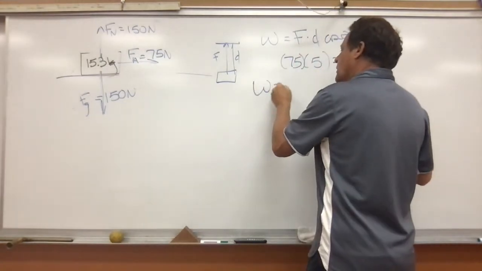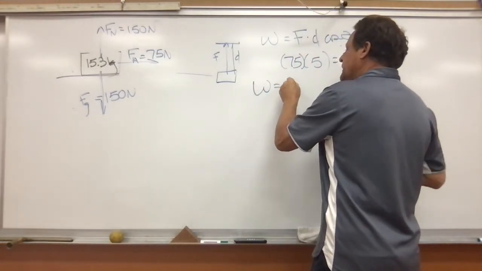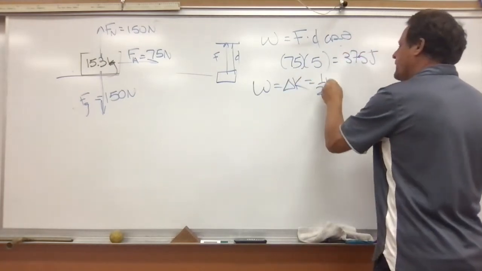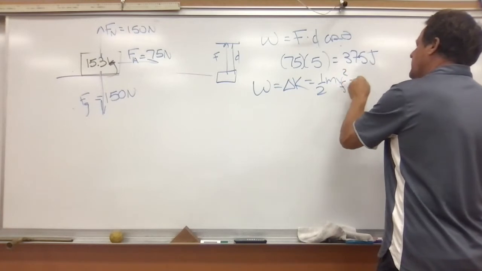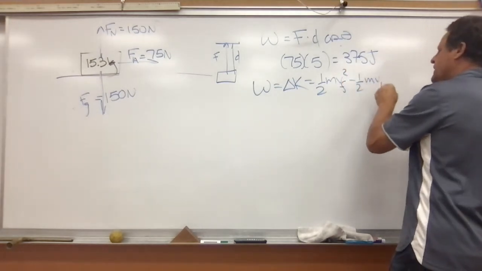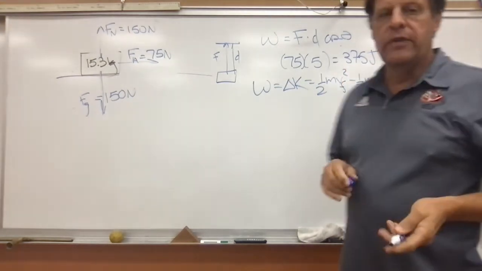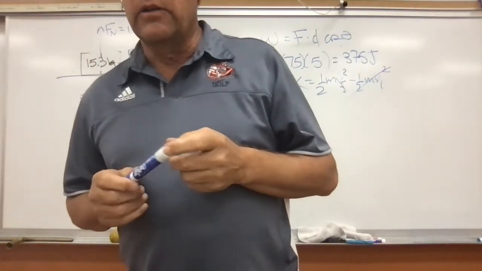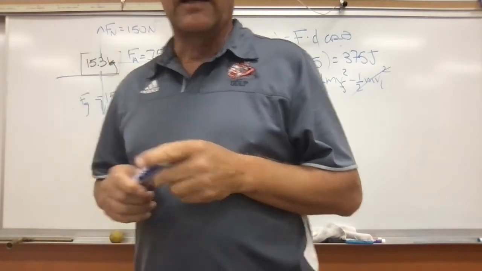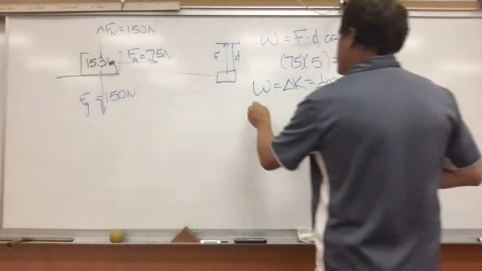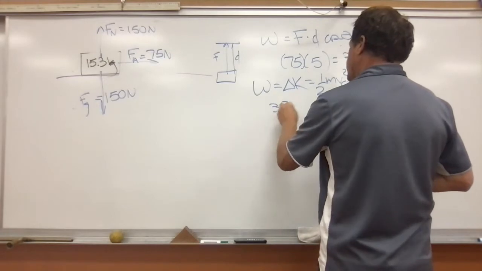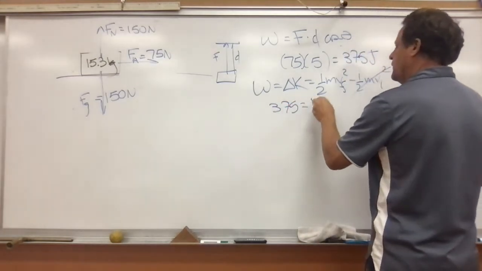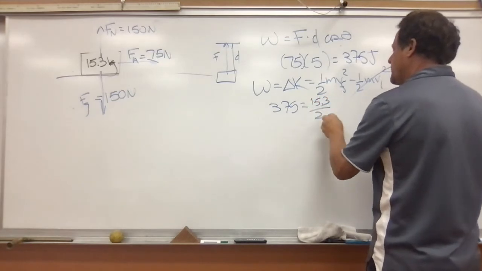Now, remember that work is also equal to the change in kinetic energy, which is going to be 1/2 m v final squared minus 1/2 m v initial squared. And we made the initial velocity there 0. And therefore, the velocity is going to be, 375 is equal to 15.3 divided by 2 times v squared.